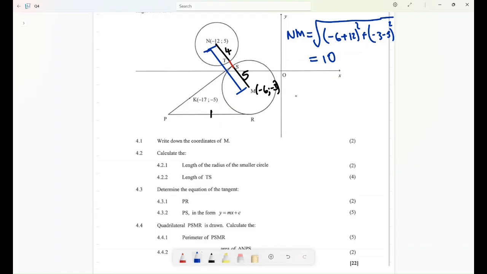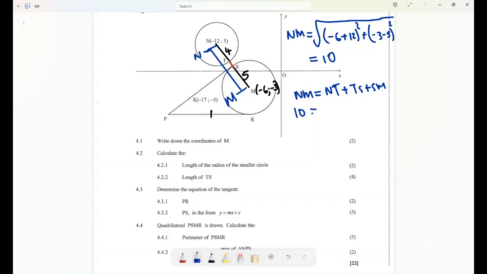But now NM is equal to what? Can you see that? NM is equal to NT plus TS plus SM. Can you see that it is NT, TS, as well as SM? Now I know what NM is.